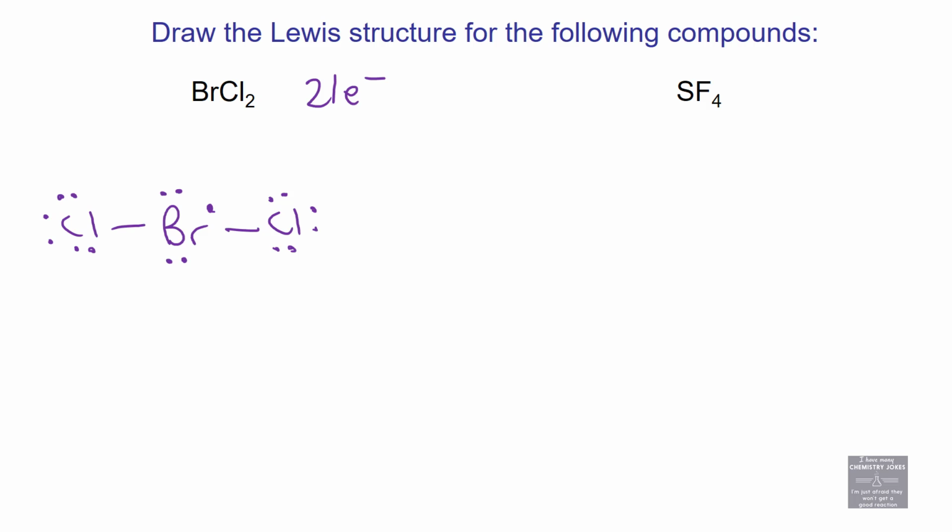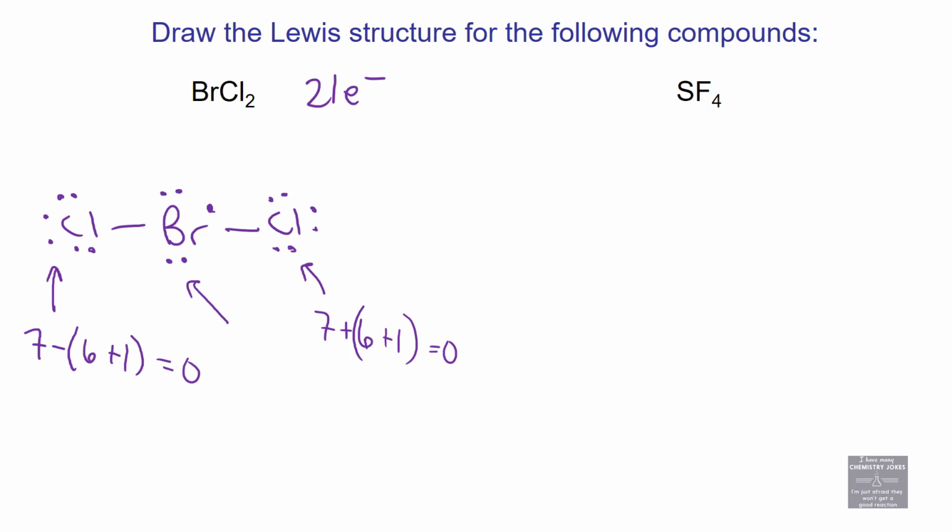So, do I need formal charges? Chlorine is in group 7. He's got 6 non-bonding electrons, 1 he's sharing in a bond. Nope. Chlorine's got 7: 6 he's not sharing, and 1 he's sharing in a bond. Nope. Bromine's in group 7. He's got 5 plus 2 that he's sharing in electrons in bonds.